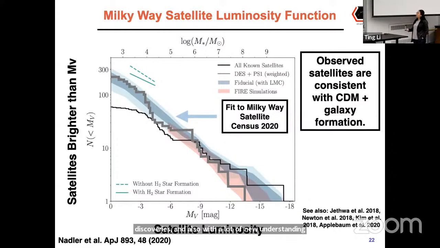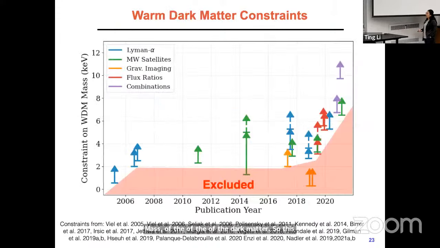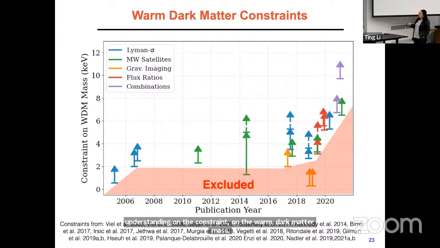And we think that the Milky Way satellite luminosity function can give us a strong constraint on the minimum mass of the dark matter. So this is, again, how it has been improving our understanding of the constraint on the warm dark matter mass. So this is the mass of the warm dark matter. I think about 2 decades ago, we didn't know anything.